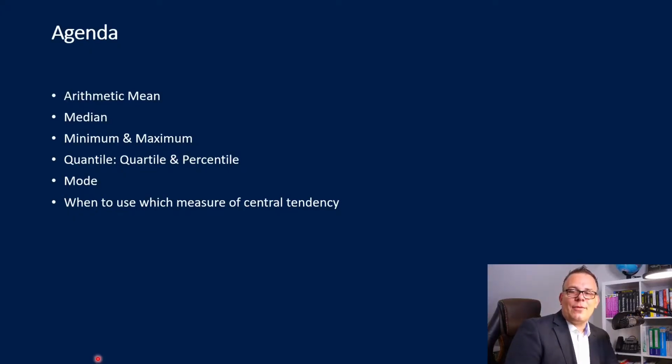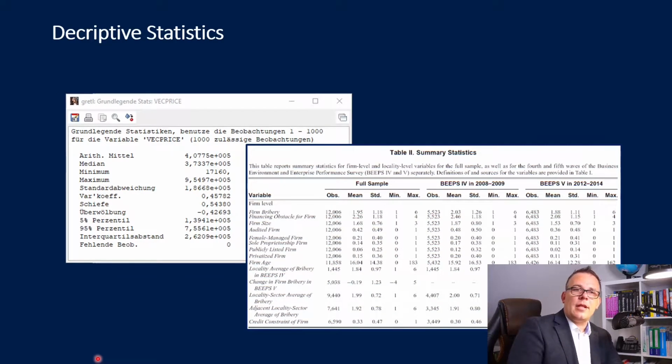Let us first have a look at what all that is for. On this slide you will see a typical output of a statistics program. Well, here it's in German. Nevertheless, you will find this in many languages and for many statistics programs, with typical descriptive statistics. Descriptive statistics describe the numbers or metrics that you have in your data set.